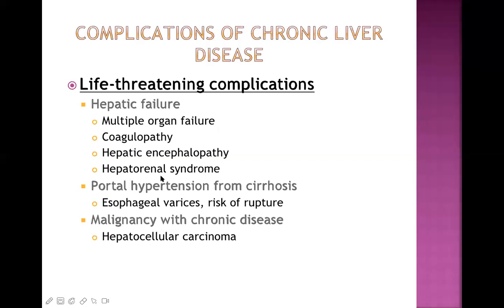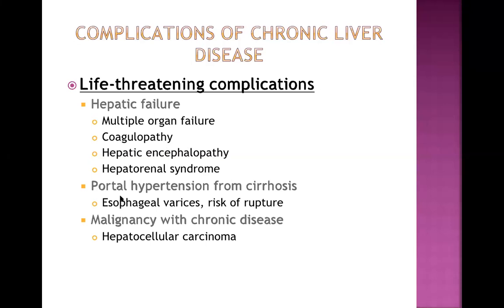Coagulopathy can occur, and hepatic encephalopathy can occur, meaning the brain is damaged because of liver disease, since the detoxification functions of the liver cannot happen. Ammonia cannot be converted into urea, and that ammonia freely crosses the blood-brain barrier and leads to damage.